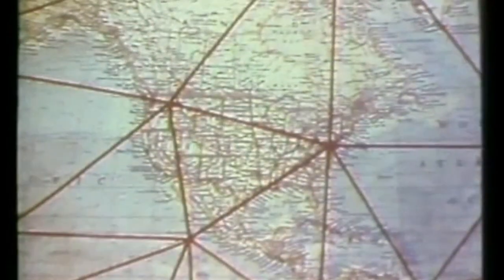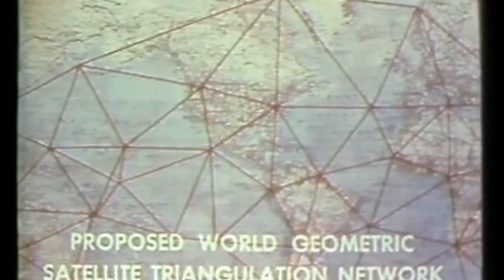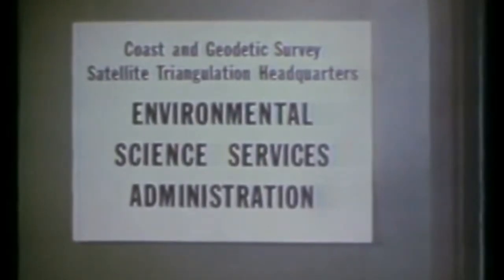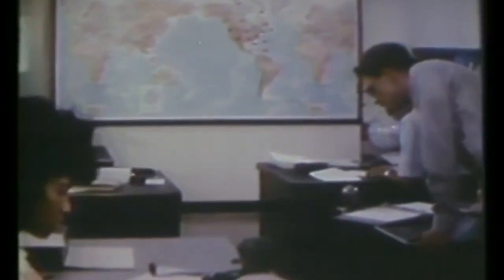The ultimate accuracy in geographic position determination, as well as the ability to reach such remote geographic areas, has been demonstrated as feasible through a worldwide network of satellite triangulation stations, established to provide global coverage according to a well-coordinated plan. Such a goal for worldwide, equivalent first-order position determination has been set by the Coast and Geodetic Survey, now a component of the Environmental Science Services Administration of the U.S. Department of Commerce.